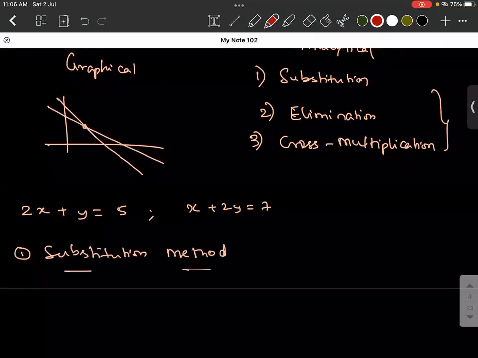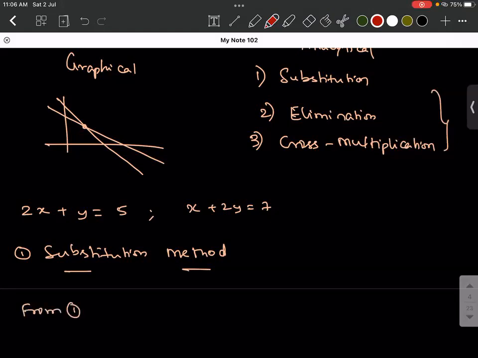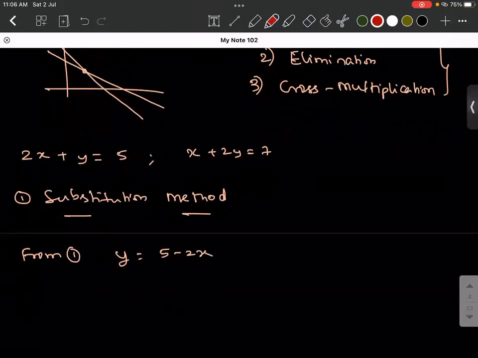For the substitution method, what are we supposed to do? From one of the equations, find out one variable in terms of another. So from 1, I will write y is equal to 5 minus 2x. I'll call this equation number 1.